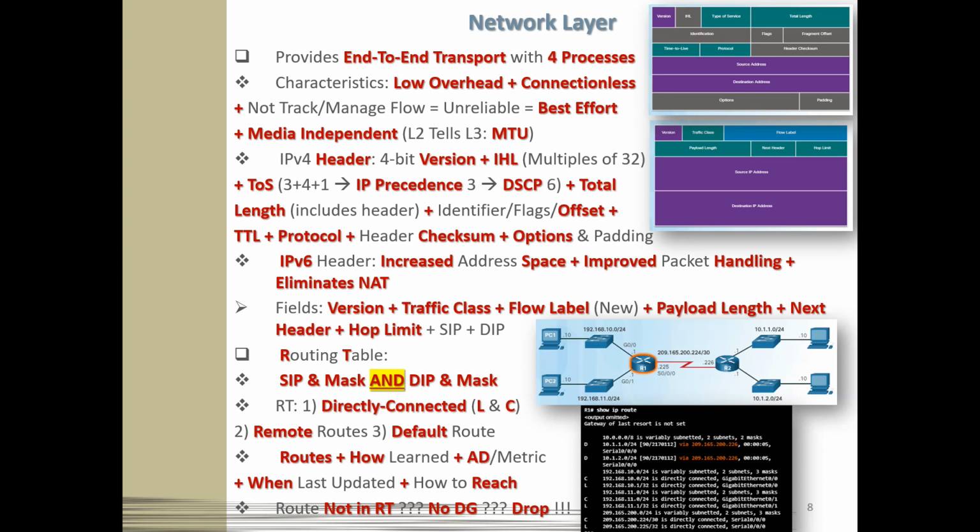Towards the bottom right hand side of this slide, you see this figure under R1. We have issued show ip route, and what you can see is the routing table contents for R1. Entries with C and L are the router interfaces that have been assigned IP addresses and then activated.